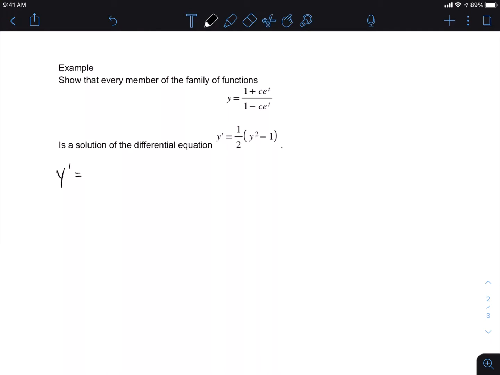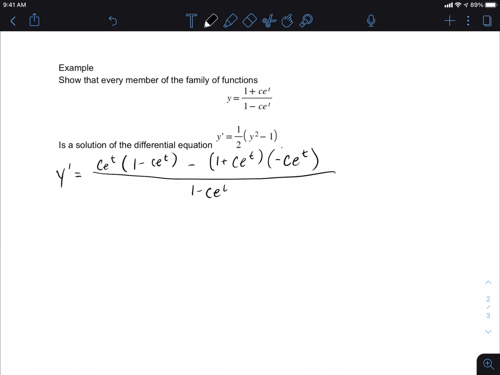It's a quotient. So since it's a quotient, I'm going to take the derivative of the numerator, and the derivative of the numerator is going to give me c e^t times the denominator, which is 1 - c e^t, minus (1 + c e^t) times a negative c e^t, all over (1 - c e^t) squared.